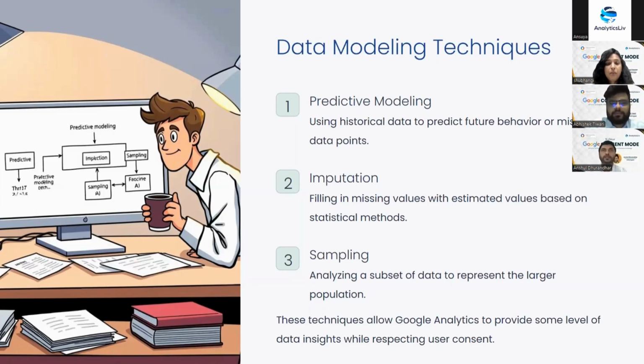The first one is predictive modeling, which uses historical data to predict future behavior, or we can say the missing data points. The next one is imputation, where missing values are filled in with estimated values based on statistical methods. And the last one is sampling, using a subset of data to represent the larger population of users.